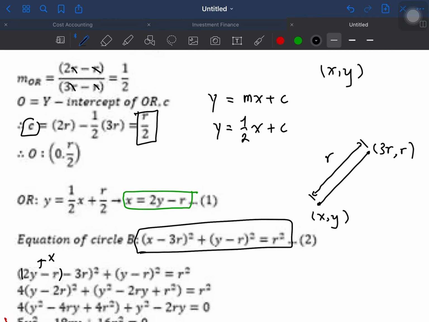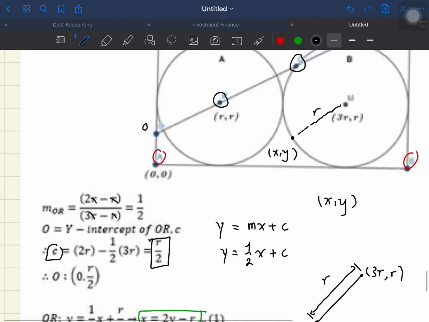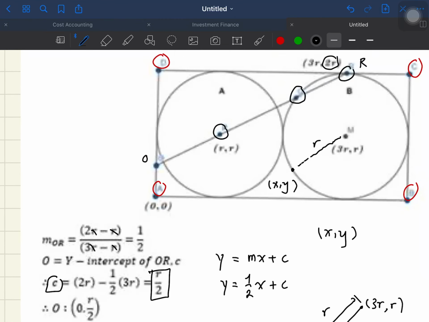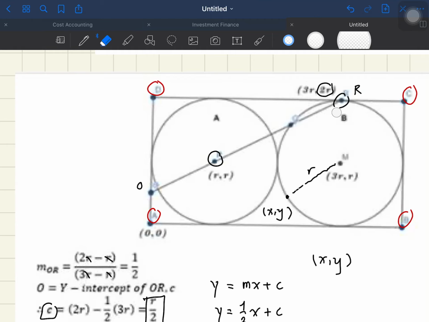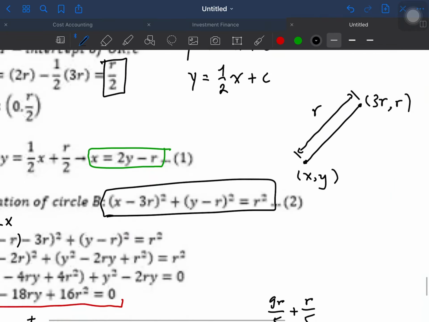I have an equation of OR, and I have an equation of the circle B, which is this B. The circle B intersects OR at two points, which are this Q and R, and R has a coordinate of (3r, 2r).